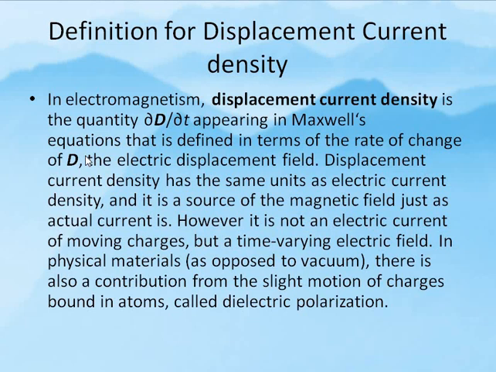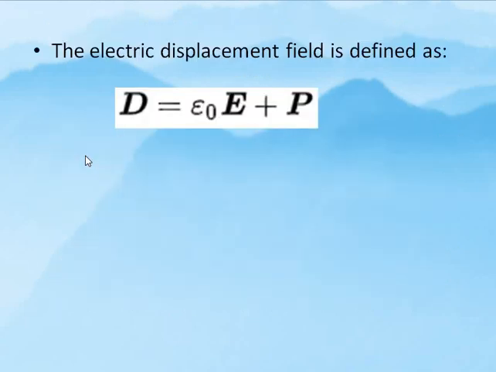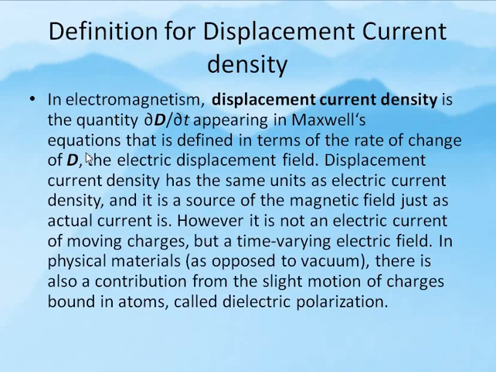However, it is not the electric current of moving charges, but a time-varying electric field. In physical matter, as opposed to vacuum, there is also a contribution from the slight motion of charges bound in the electrons, called dielectric polarization.